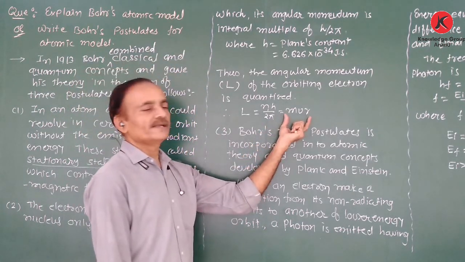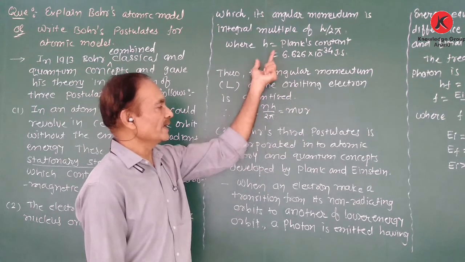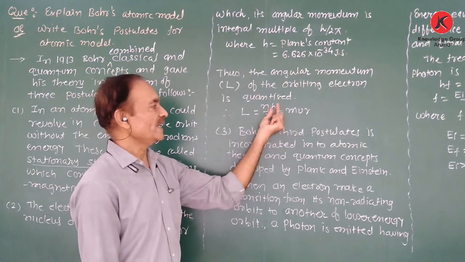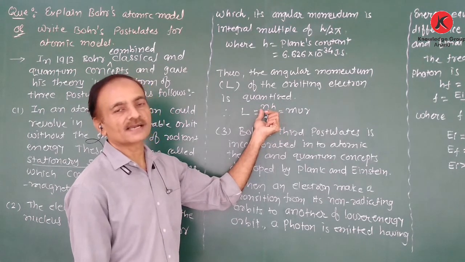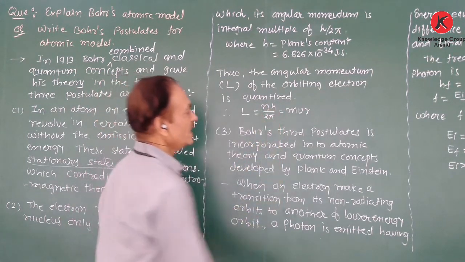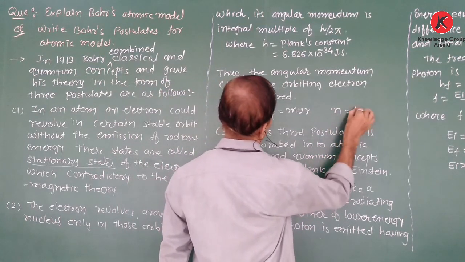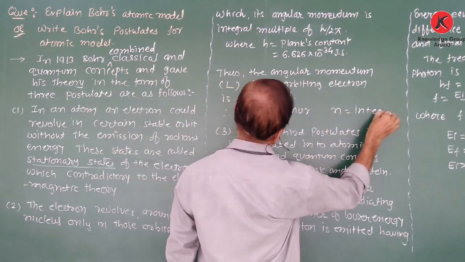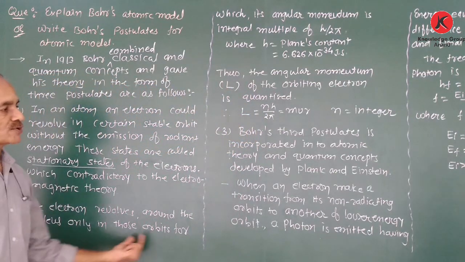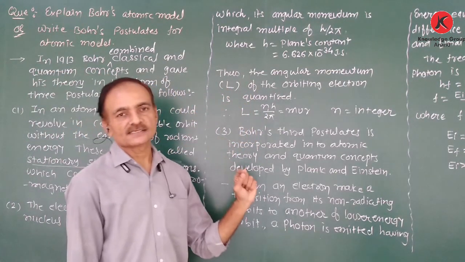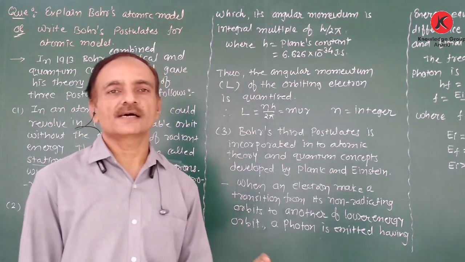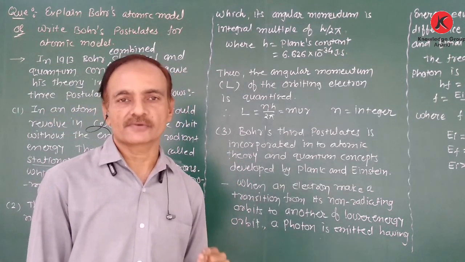According to Niels Bohr's postulate, n is the number of the orbit, an integer. So the second postulate fixes the orbits of the revolving electron around the nucleus.